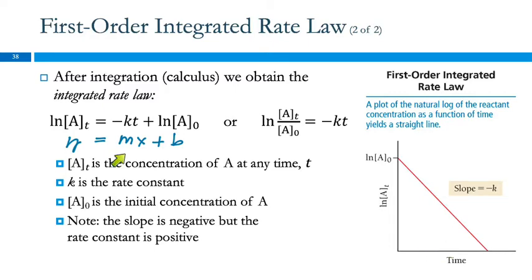And then the slope of the line is equal to negative k. And the intercept is the natural log of the concentration of A at time 0. The slope is negative, but the rate constant is positive. It just has to do with the integration, and so we should just not worry about it.